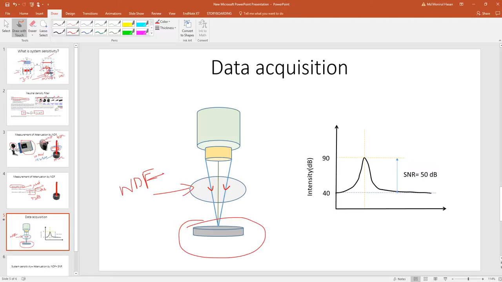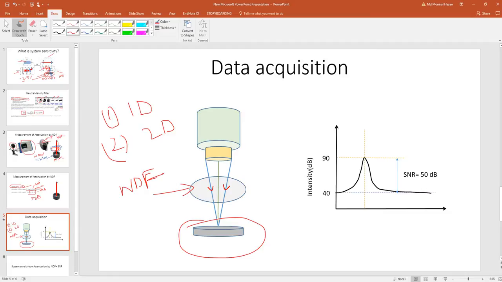You can take 1D data, that is no scanning of the galvo, or you can take 2D data, that means it will scan in only one direction. So that's the data acquisition, pretty simple.